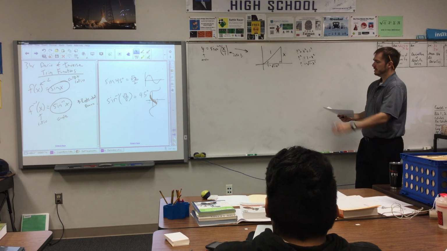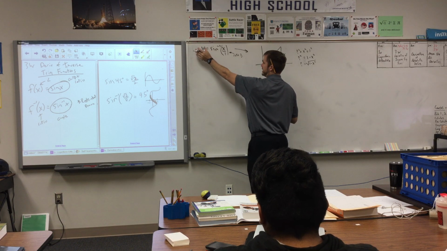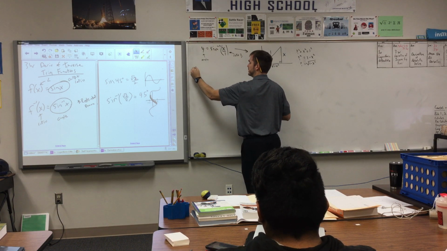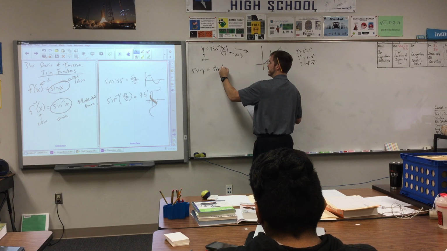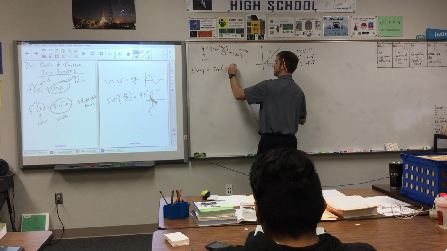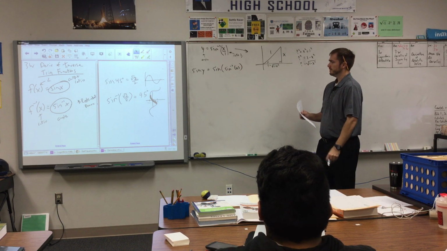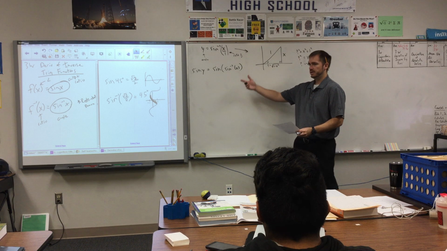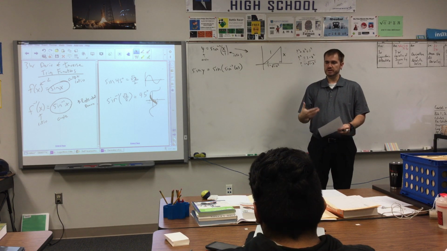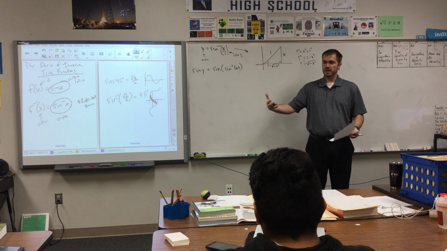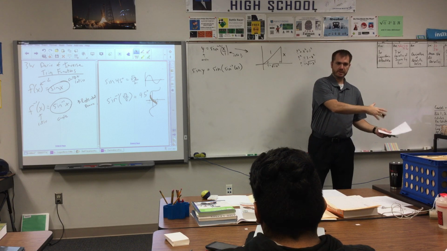Alright? Going back over here, I'm going to take the sine of both sides. So the sine of y is equal to the sine of the inverse sine of x. Now, something that you remember: inverse functions go from the range to the domain.